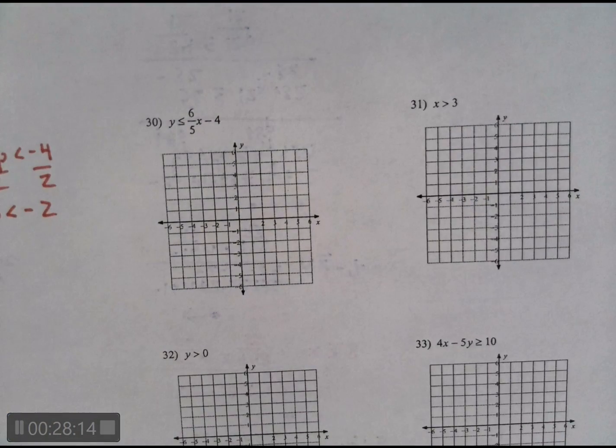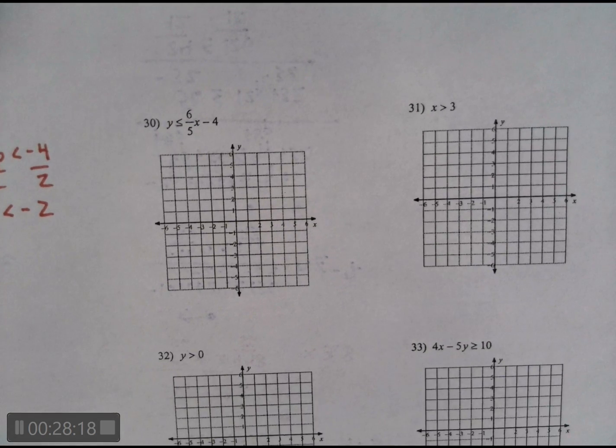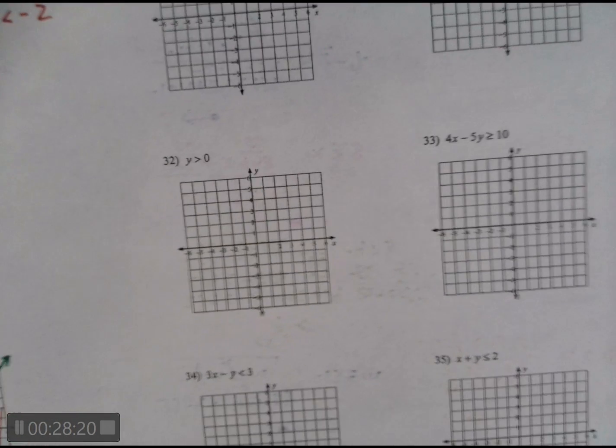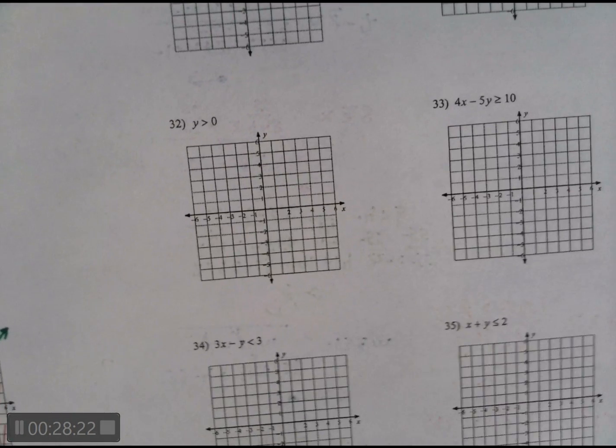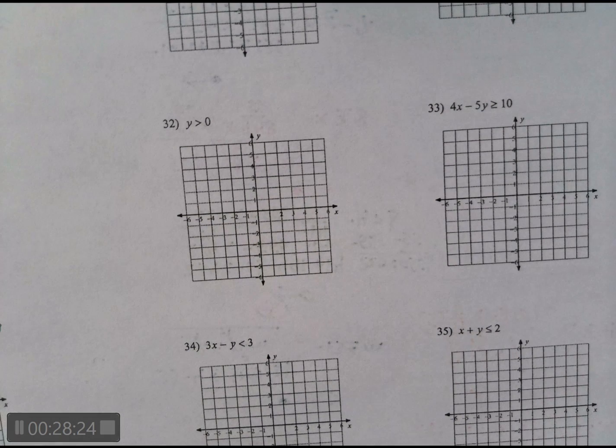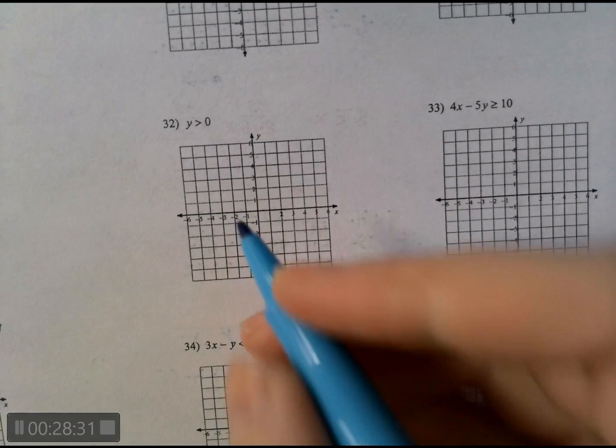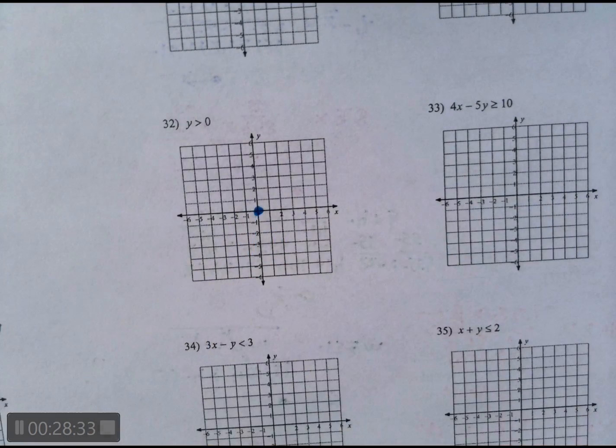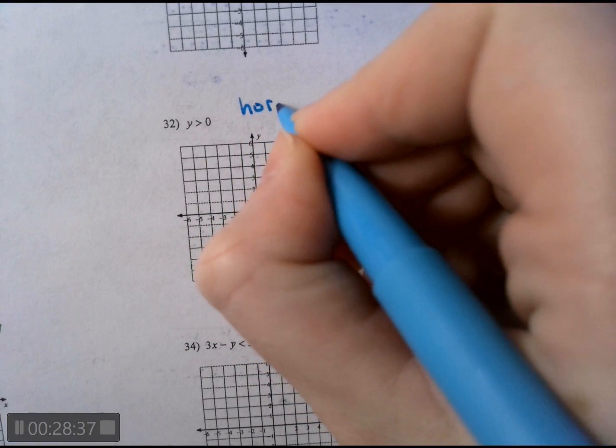Alright, I think you guys can do 30 and 31 and 32. Actually, we'll do 32 real quick, and then we're going to do 33. Okay? Alrighty. So, for 32, y is greater than 0. So we have to go to where y equals 0, which is right here. Now, since it is y is greater than 0, it's going to be a horizontal line.